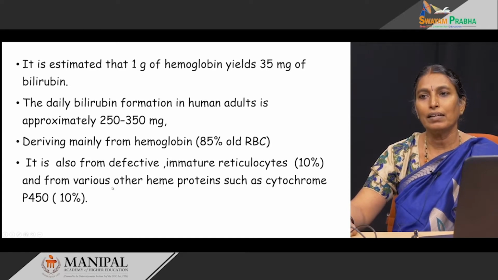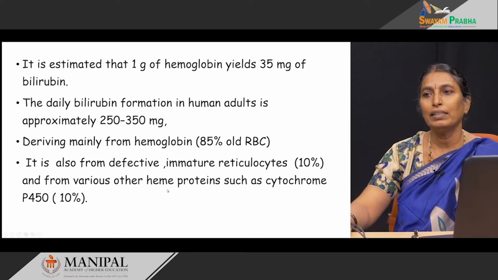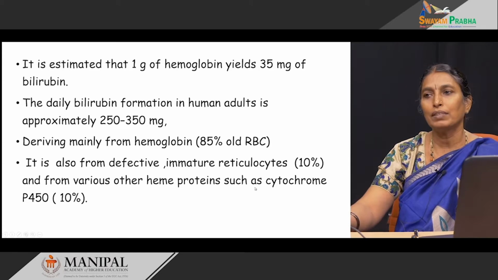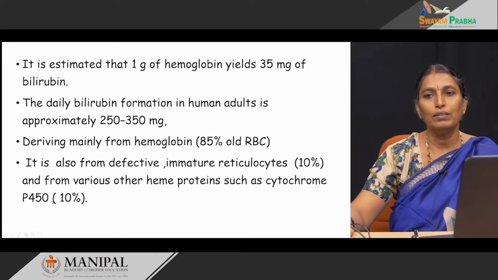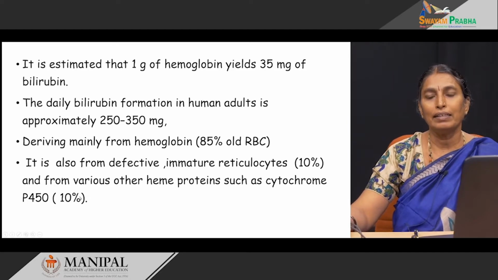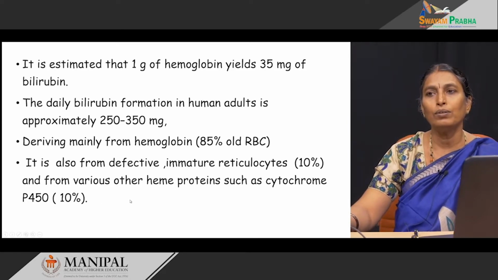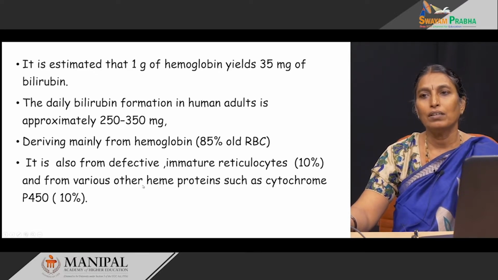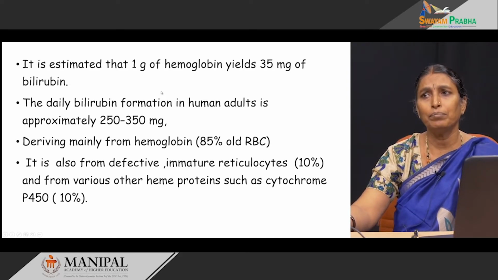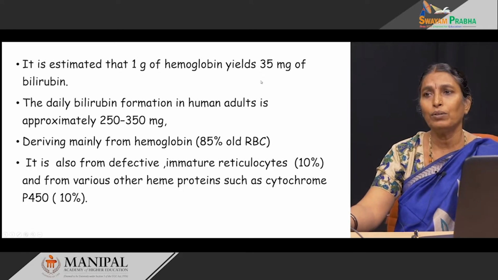Along with this, there are many other heme proteins, such as cytochrome P450 as well as myoglobin, which nearly 10% also release heme into the macrophages. So, together 6 to 7 grams of hemoglobin will be converted to bilirubin.